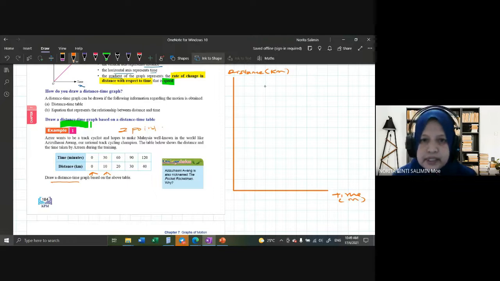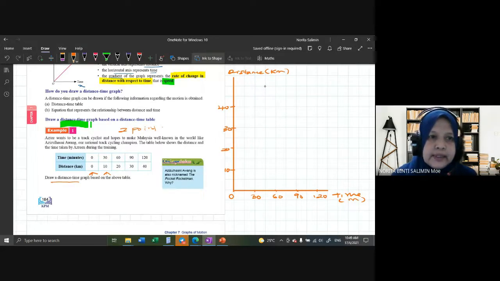We start from zero. For time, we have 0, 30, 60, 90, and 120. For the y-axis, we have 10, 20, 30, and 40.